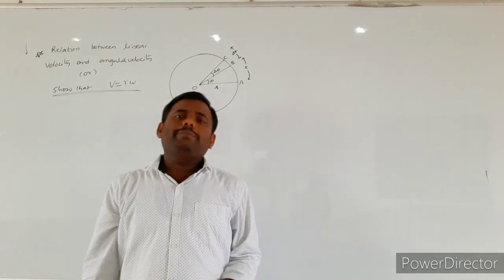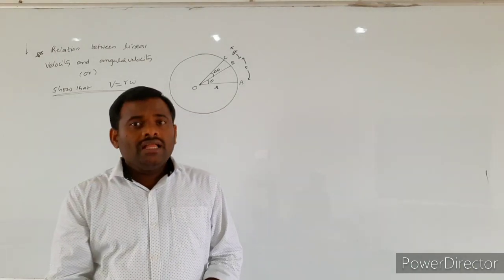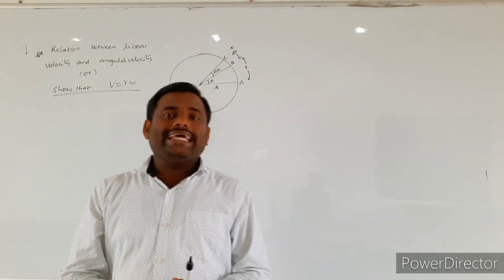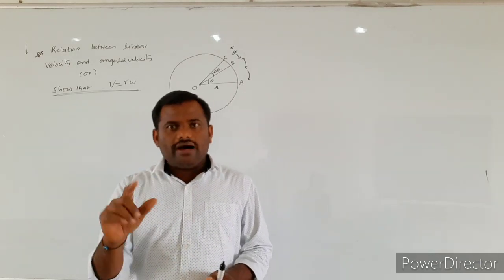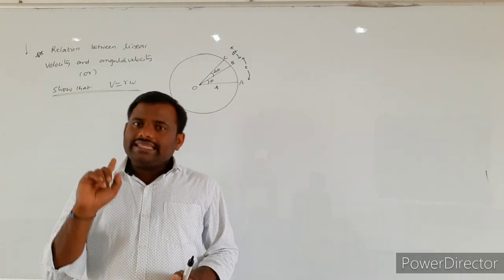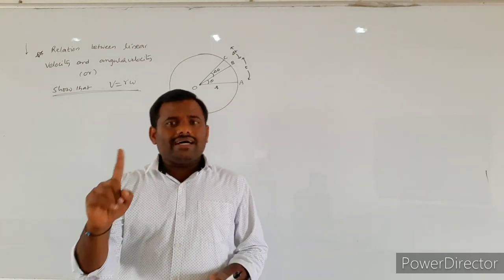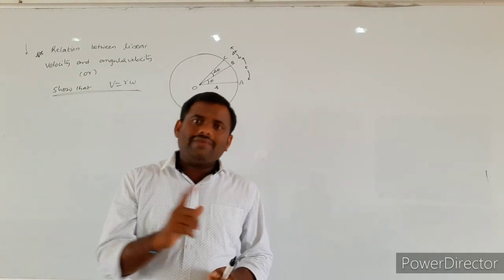For that revolving particle, there are two types of velocities. Once again, if any one particle is revolving in the circular motion or uniform circular motion, for that particle there are two velocities existing. One of the velocities is called linear velocity. One of the velocities is called what? Linear velocity.